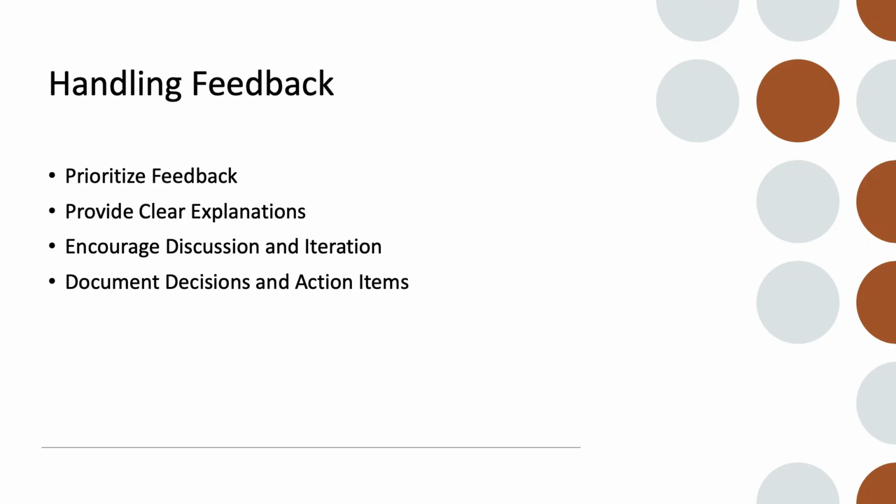Encouraging discussion and iteration allows teams to collaborate on finding the best solutions to any issues. You should continue to iterate on code changes until consensus has been reached, and also document decisions and action items. This ensures accountability and helps track progress, so feedback is addressed in a timely manner and improvements are incorporated into the code effectively.